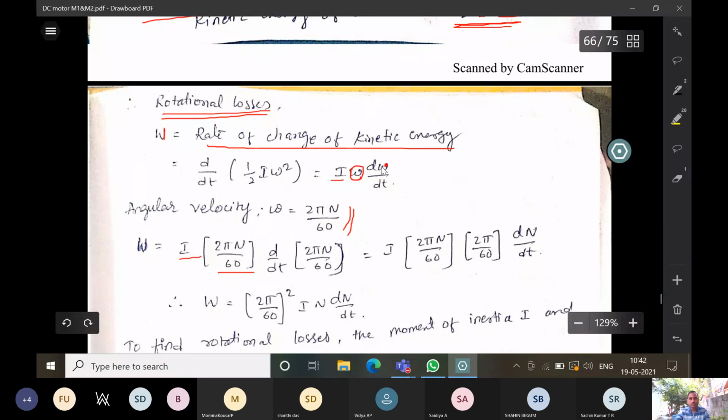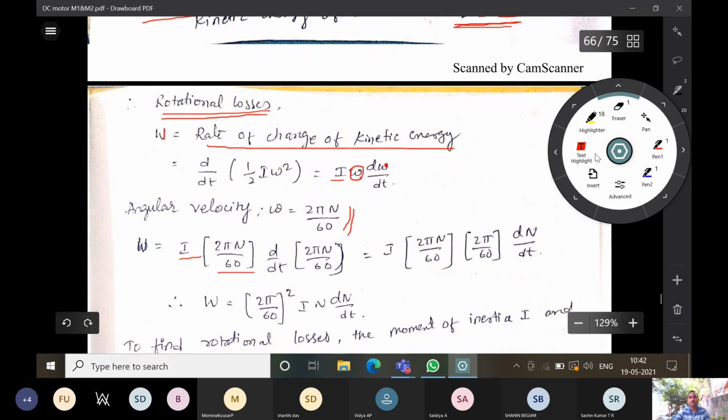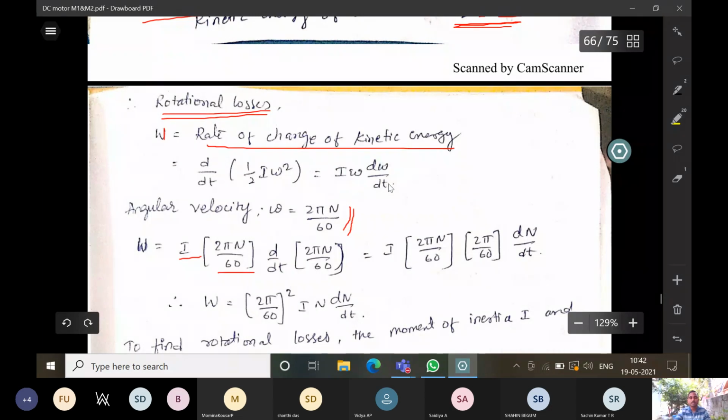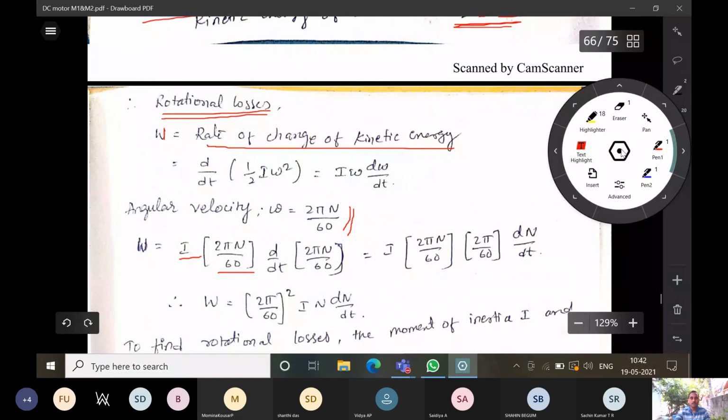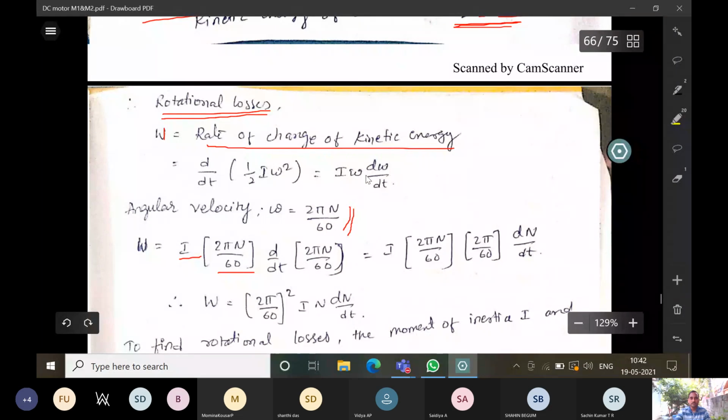So what is omega? 2 pi N by 60. Substitute the values into this equation. I is equal to I, omega is 2 pi N by 60, and d by dt of omega is again 2 pi N by 60.